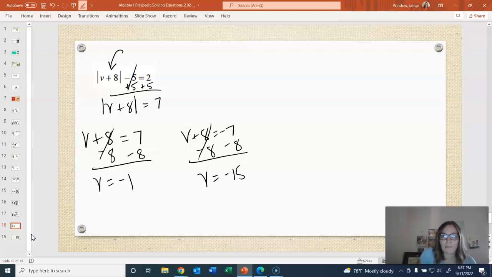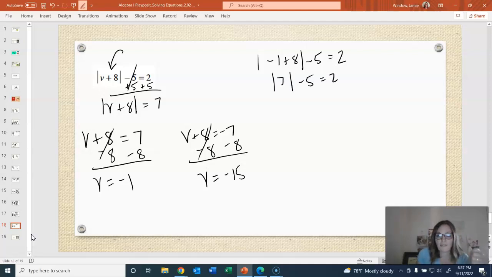All right, we'll plug them back in to the original. I think we can do this one, right? Negative 1 plus 8 is 7. The absolute value of 7 is 7. It's positive. 7 minus 5 is 2. Nice. All right, the second one.